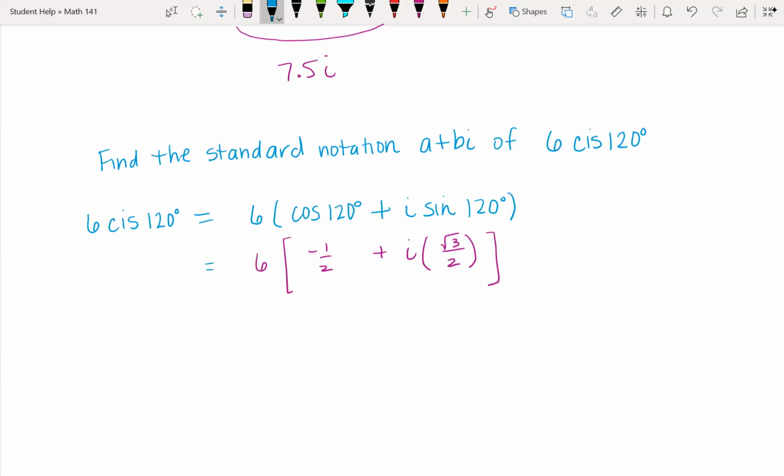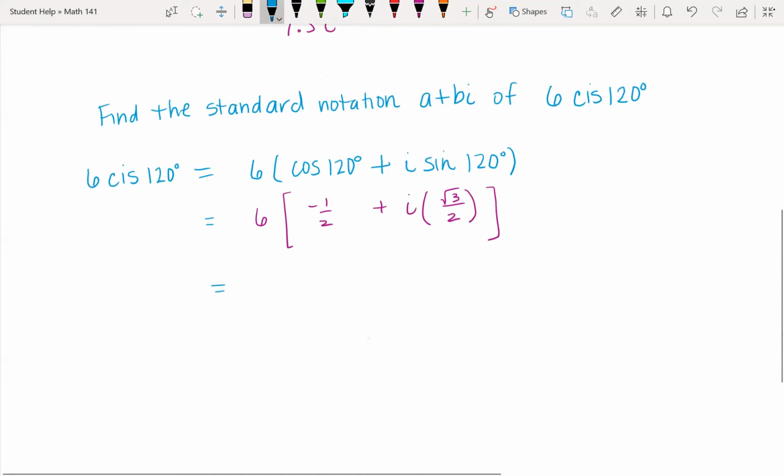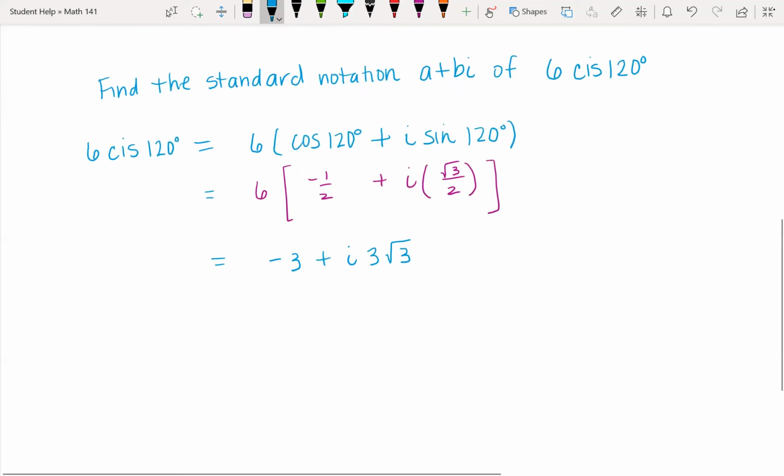So 6 multiplied by -1/2 will be -3. And then if I multiply 6 by square root of 3 over 2, I'm going to get 3 times the square root of 3. So 6 cis 120 degrees is the same as -3 plus 3 square root of 3 times I.